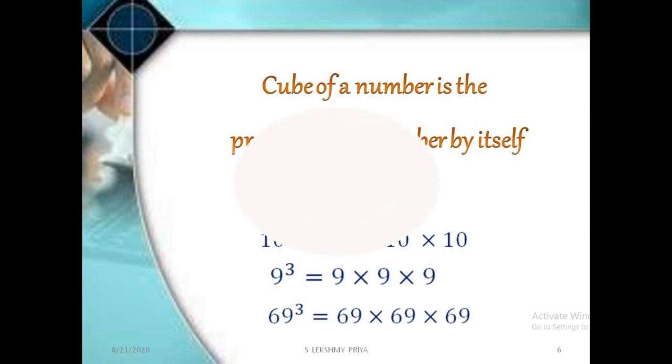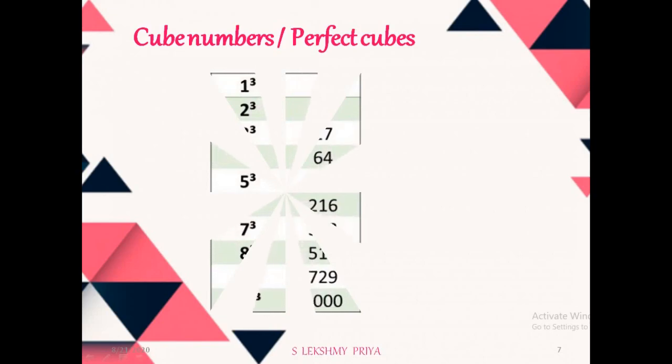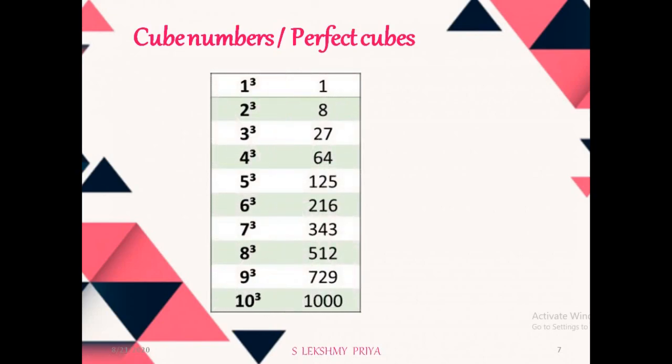Next, let's learn about cube numbers or perfect cubes. Here, I am trying to find the cubes of the natural numbers from 1 to 10. How can we find the cubes of these numbers? 1 cube equal to 1 into 1 into 1. It is 1 itself. So, 2 cube equal to 2 into 2 into 2. 2 2s are 4, 4 2s are 8.